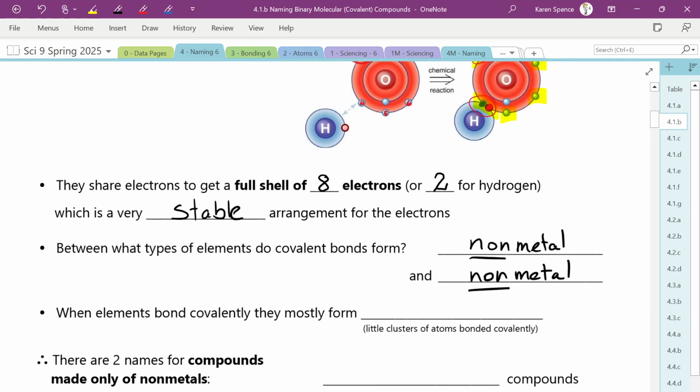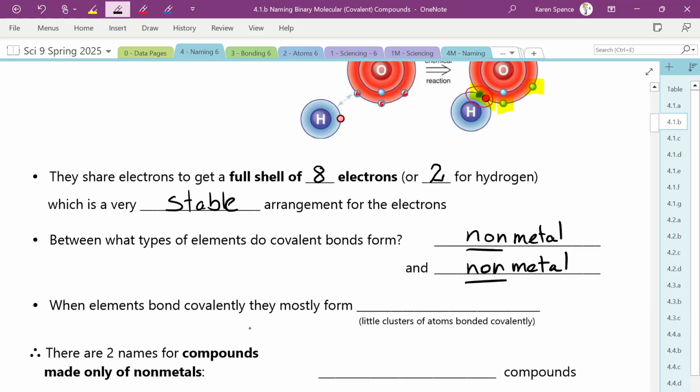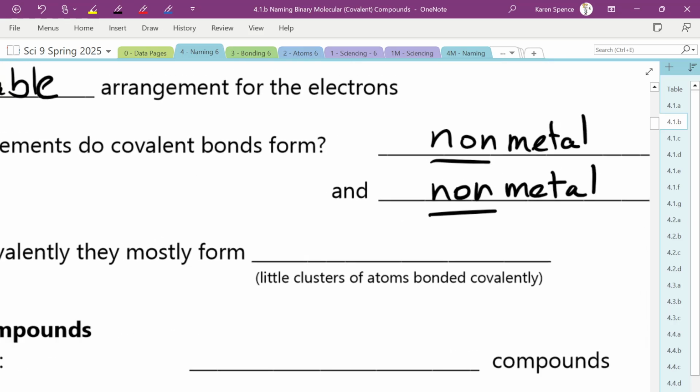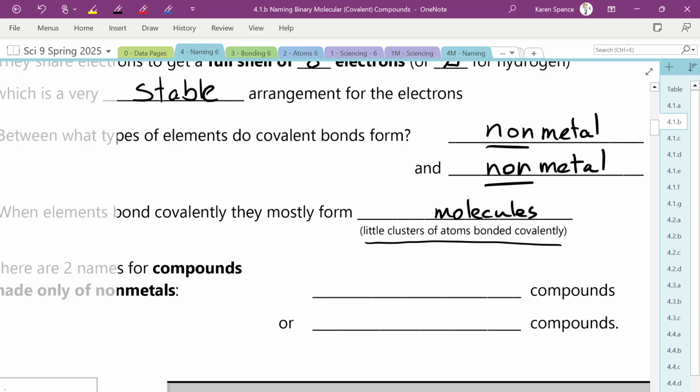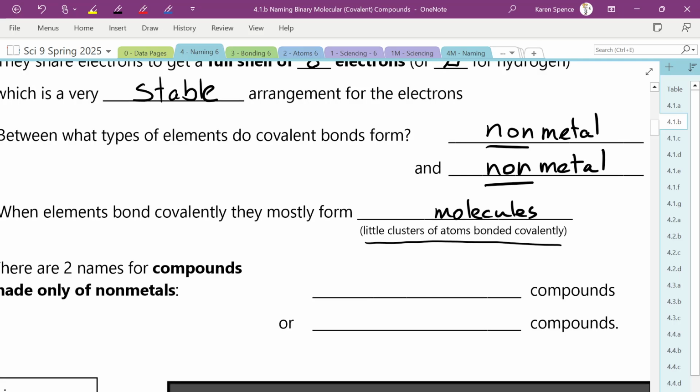Yes? When elements bond covalently, they mostly form, what do we call those little clusters of atoms that are bonded covalently? Molecules. Okay? There are 2 names for compounds that are made only of nonmetals.